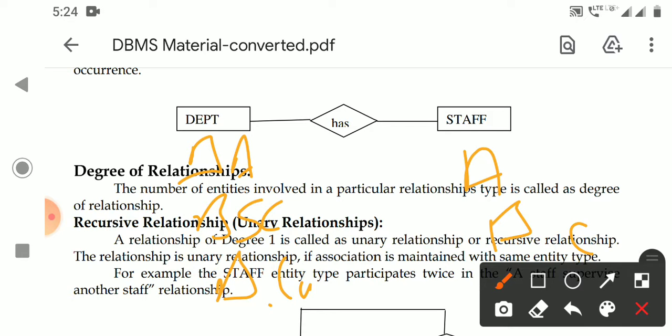So A is in the BCom department, C is in the BSc department, and so on. This is the relationship occurrence. The relationship occurrence is the individual association of the entity instances of the participating entity types.